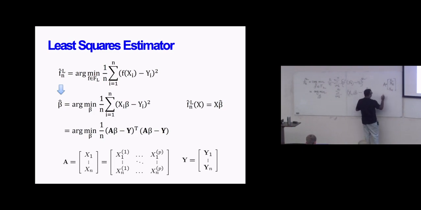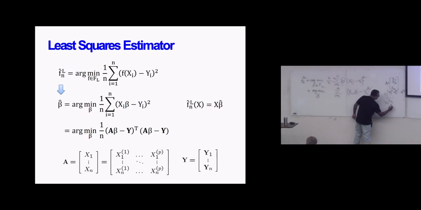where each x is essentially x11, x12 till x1p, and so on. And then y the same way, right? Y is a vector of all the y1, y2 till yn.